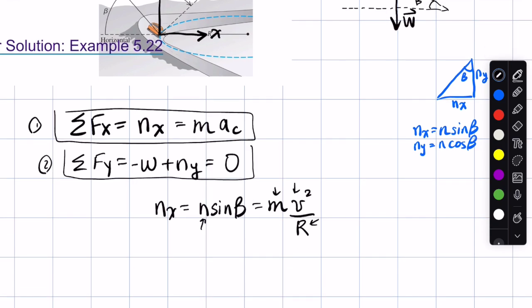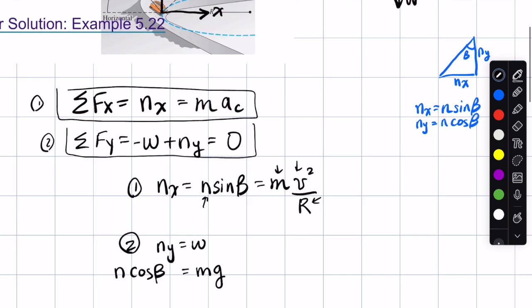So that's equation 1. Equation 2 states that n_y equals w. Well, we know what w is. That's the mass of the car times gravity. n_y, we know what that is. That's n cosine beta. Solving for n so that we can plug it into equation 1 and eliminate the unknown variable.